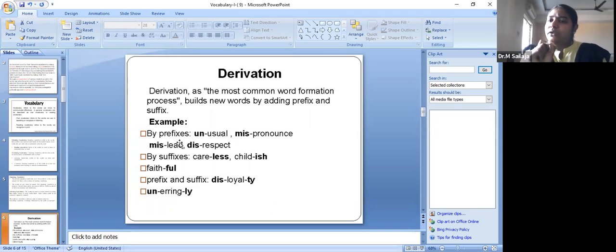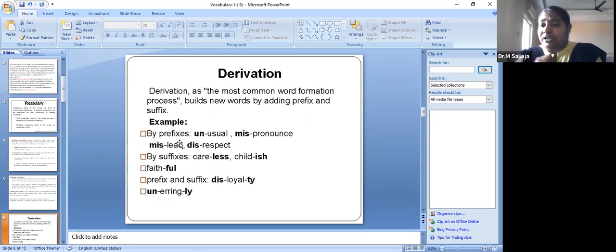By adding un to usual, it becomes an antonym to the common word. Usual, unusual, not regular, not repeated. When we add un in front of usual, it becomes a different word with a different meaning. Usual, unusual.